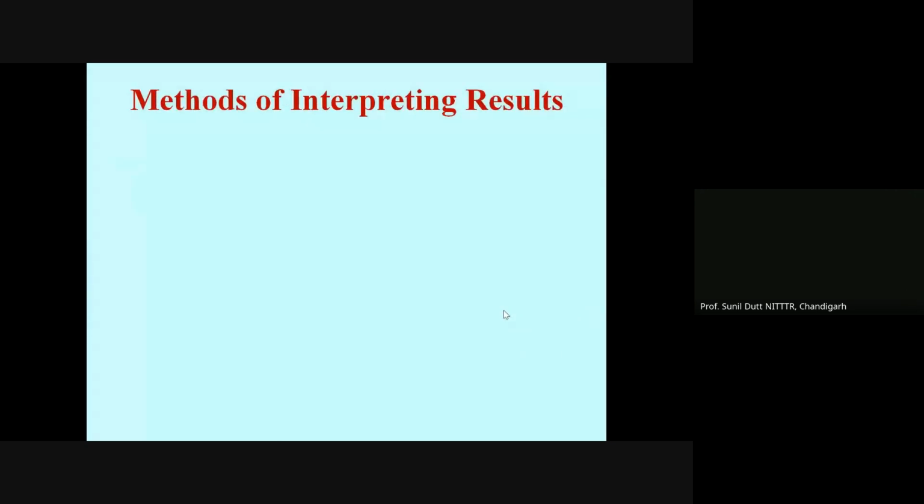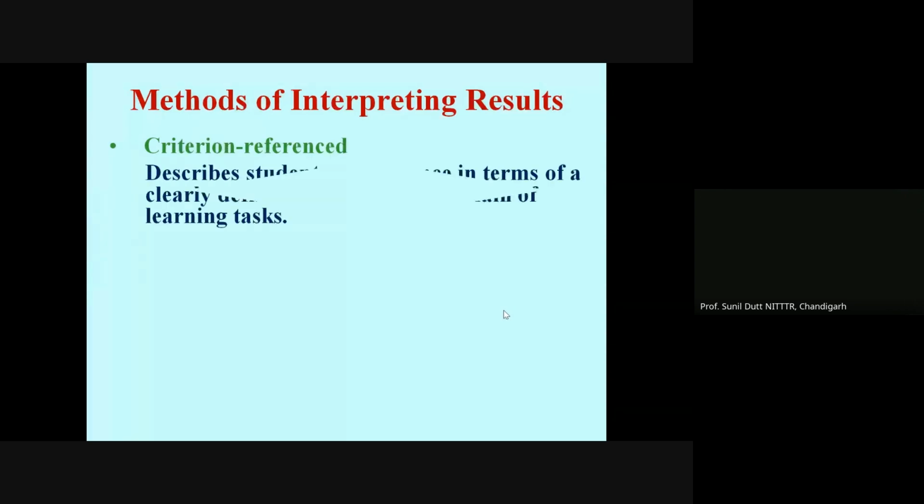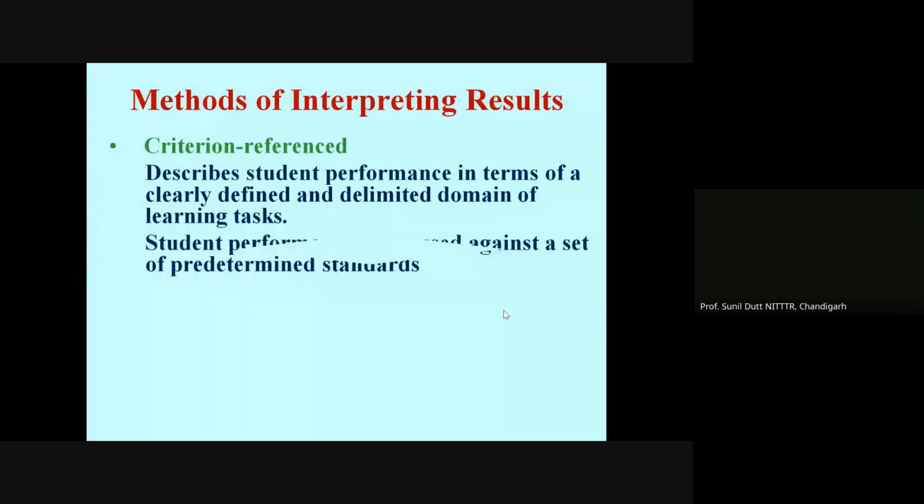Now, coming to two methods of interpreting results, I was mentioning criterion reference testing and norm reference testing. In criterion reference testing, the purpose is to compare the performance of one student against the stated learning outcomes.